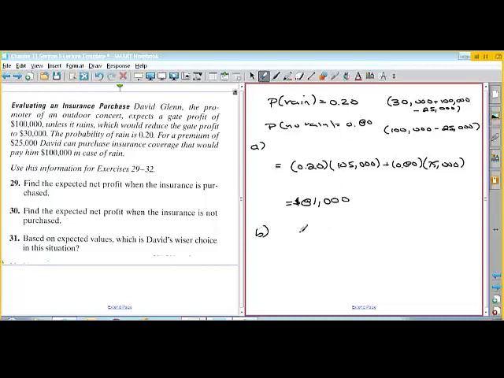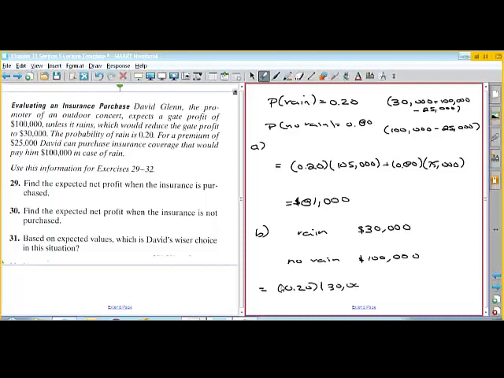In the case of B, the probabilities stay the same, but the value associated with rain is just $30,000. He doesn't buy insurance, so he doesn't have that taken off, but he doesn't get any kind of reward if it does rain. And then you have no rain. In that case, you get $100,000. So it's a simpler calculation.